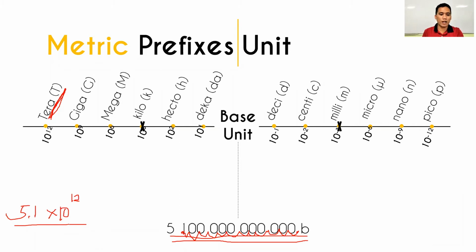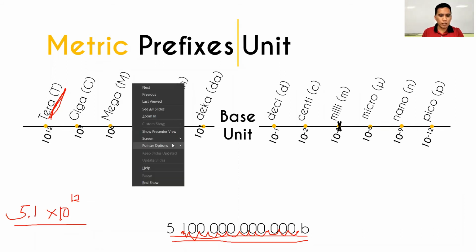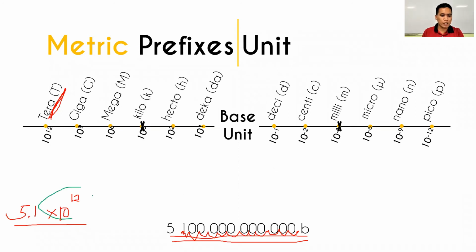For example, 5.1 times 10 to the power of 12: we replace times 10 to the power of 12 with the appropriate prefix, which is the tera.